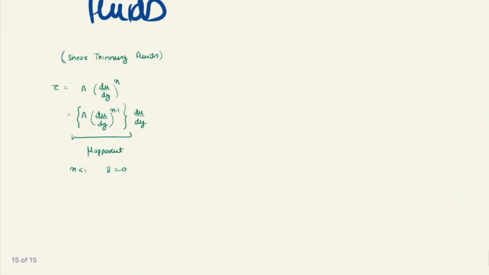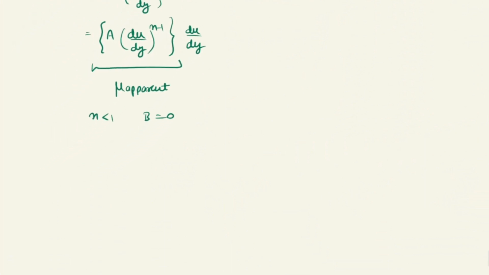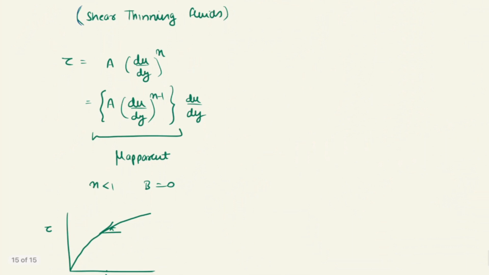So what would the graph of a pseudoplastic fluid look like? Let's see. It will look something like this. This is mu and this is du by dy. So we can see that as the strain deformation increases, the slope decreases. If the slope is decreasing, that means the value of mu apparent is decreasing.